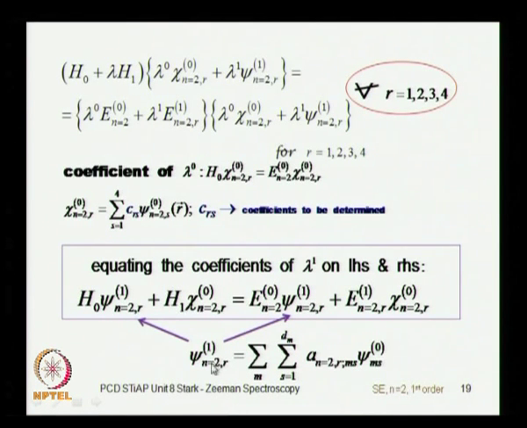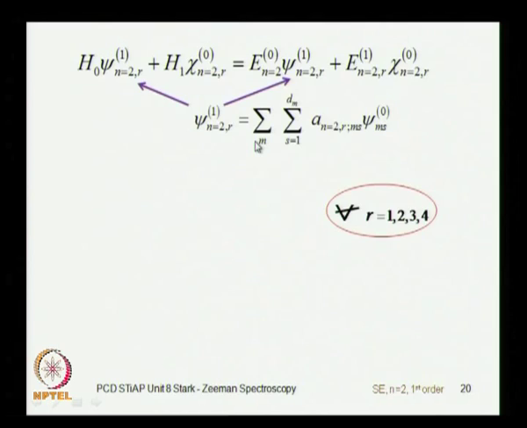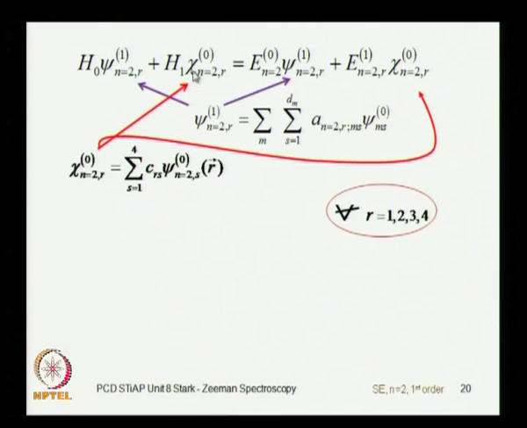Okay. So, this is the first order correction which we have found, and this unperturbed state is a superposition of all the degenerate unperturbed states corresponding to n equal to 2.